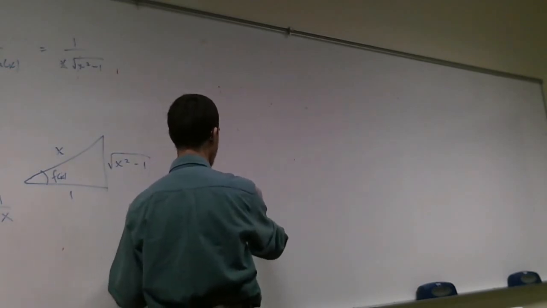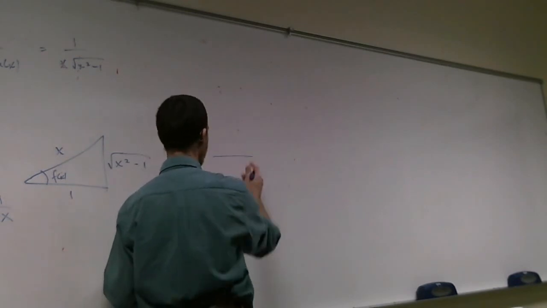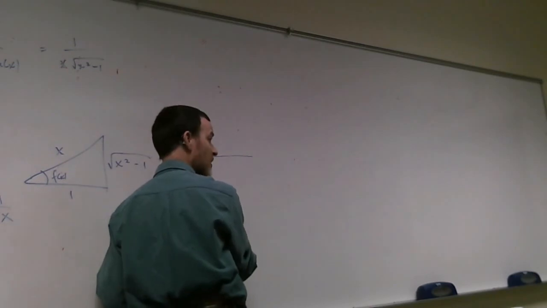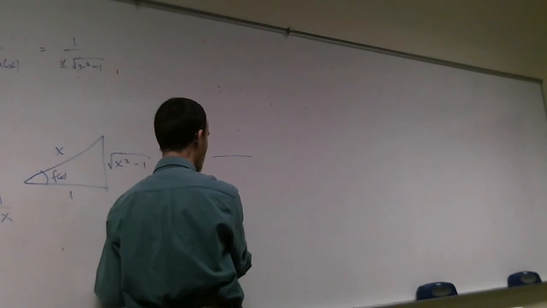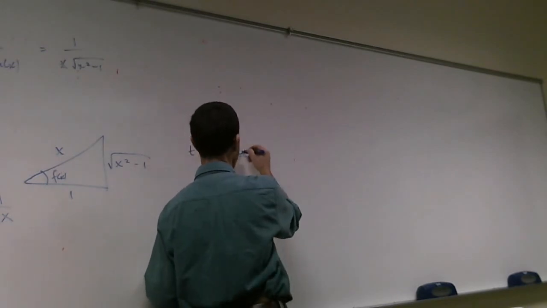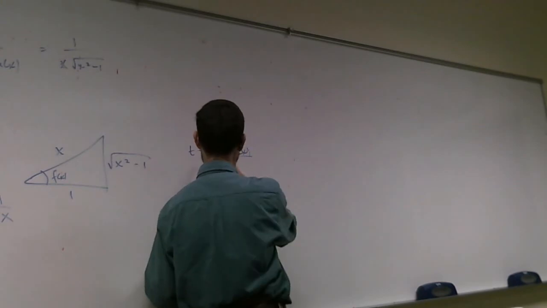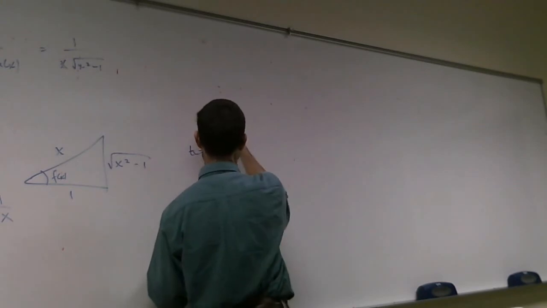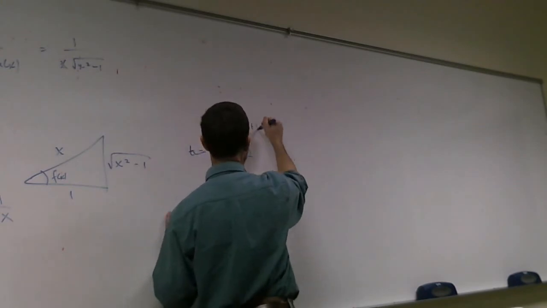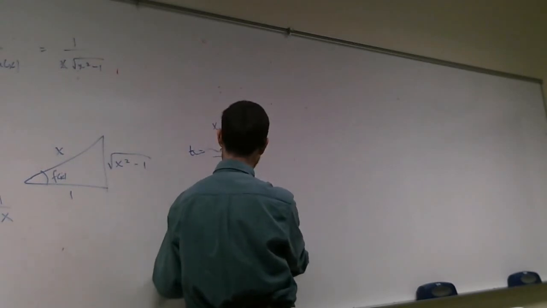The thing that happens is sometimes you made a substitution, t equals something, and then you end up in terms of t's. You have to get back to x's. If you made the substitution x equals sine of t, now everything's in terms of t's, and you're stuck, you don't know what sine of 2t is.